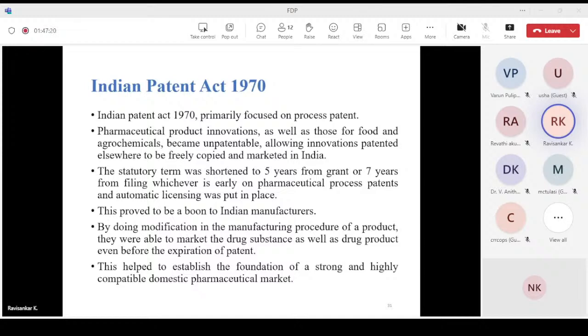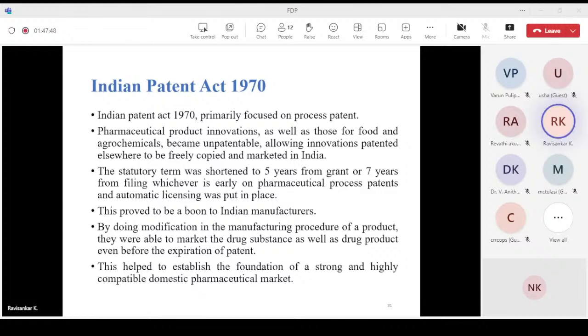In the 1970 Act, the term of patents on pharmaceutical processes was shortened to 5 years from grant or 7 years from filing date, whichever is earlier, and automatic licensing was put in place. So this became a boon for the Indian manufacturers. By making small modifications in the manufacturing process, they were able to market the drug substance as well as the drug product even before the expiration of patents.